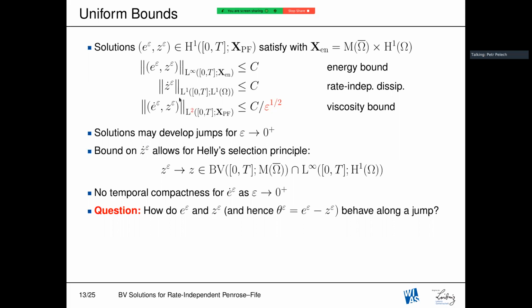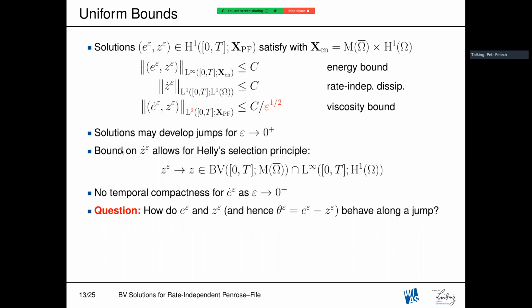However, if we look for bounds for the rate of energy, we have just from the viscous dissipation this L2 viscous space bound, which however blows up with epsilon, which means there may be jumps.